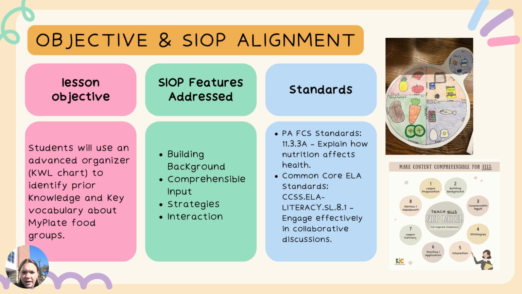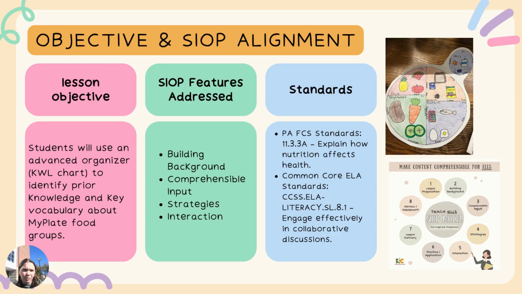So if you look on this slide at my two graphics, now I know on the right-hand side, the little graphic that has the little drawn fruits and vegetables in it, that's not a KWL chart, but that is just a chart in general that you can use if you don't want to do the KWL chart.